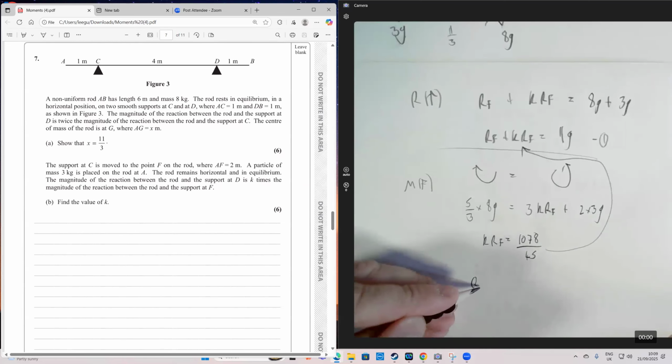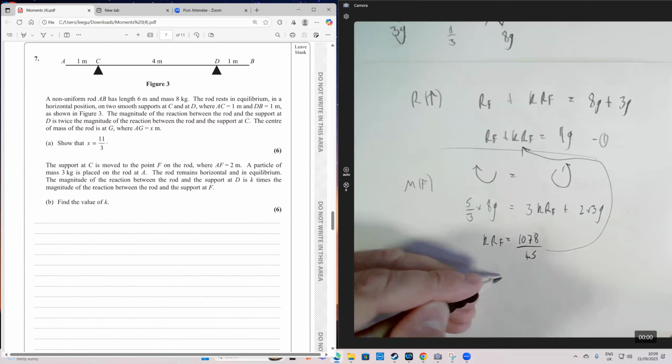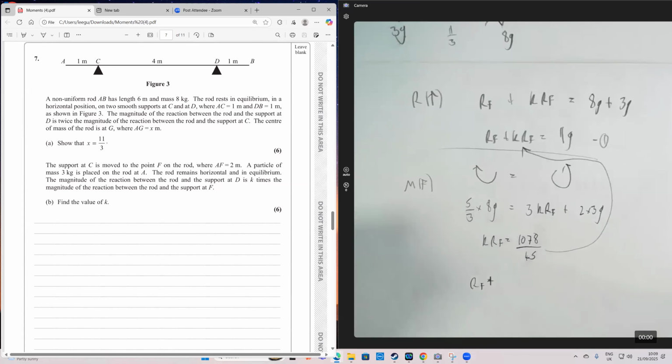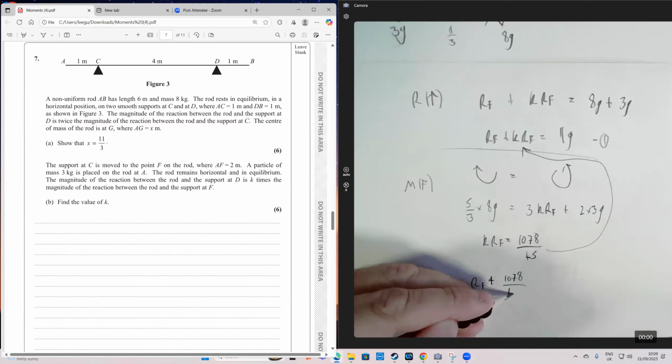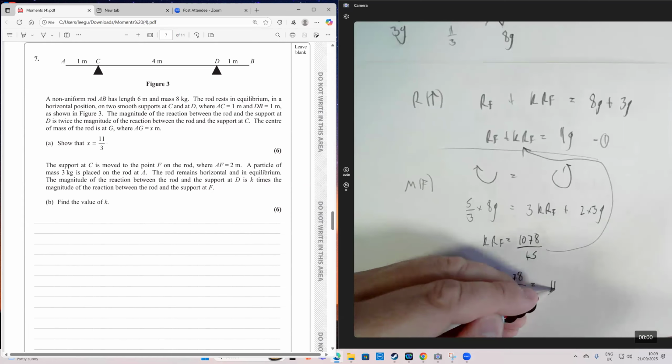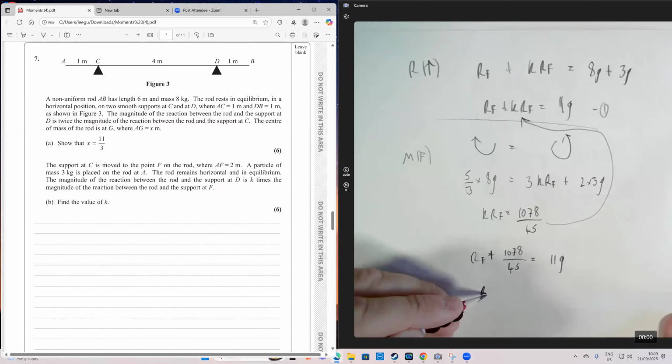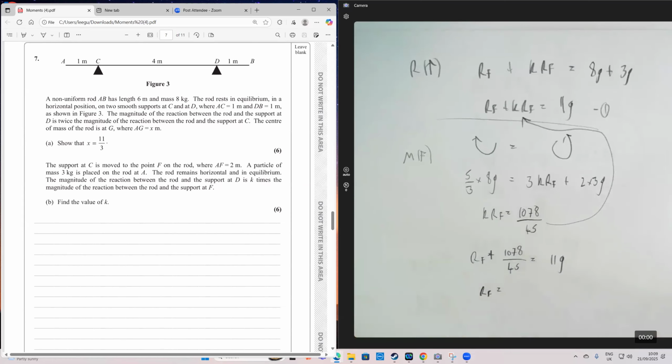So we have our RF plus our KRF, which we found to be 1078/45, equals 11g. So from this, we can find an expression for what RF is.